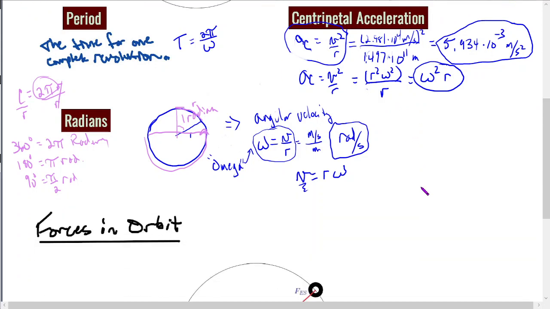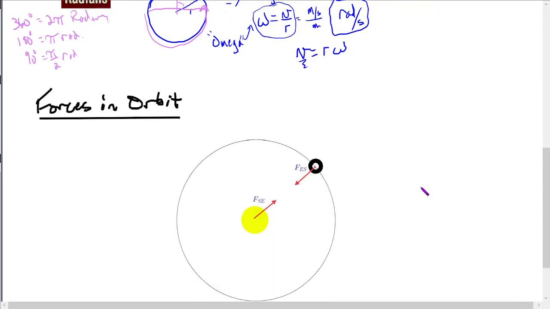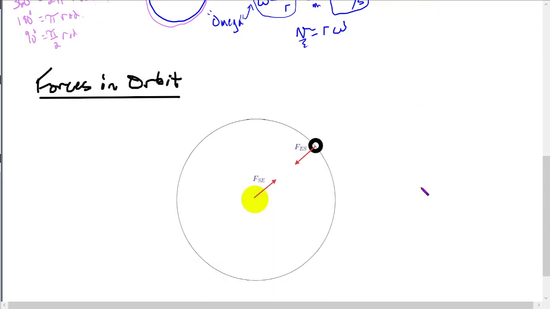Okay, but if we have a centripetal acceleration, that begs the question: anytime we have an acceleration, we have to have a force. And so here's our force that we learned from the last chapter, that gravity is the existence of two massive objects, and they are always attracted to each other.